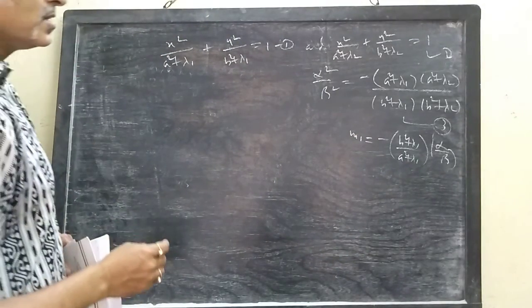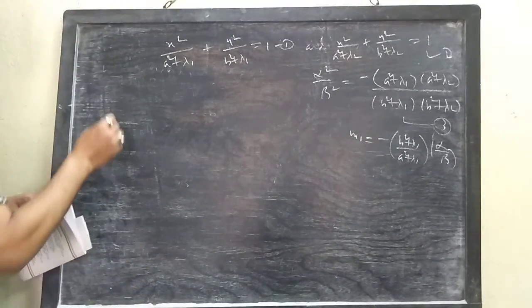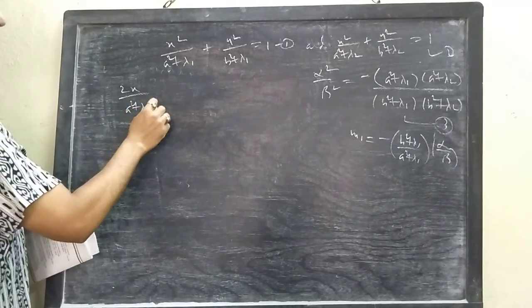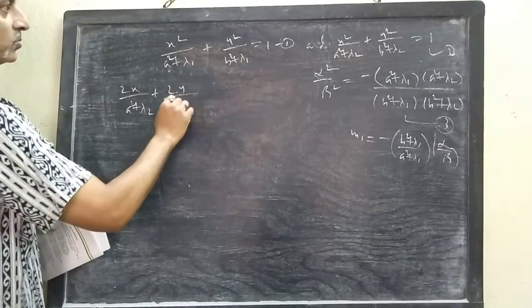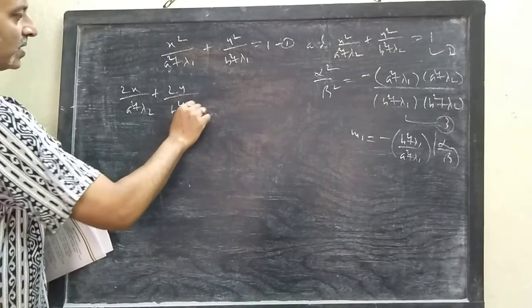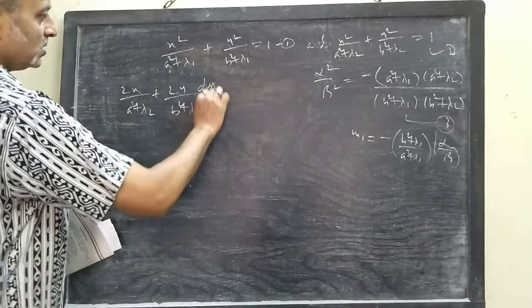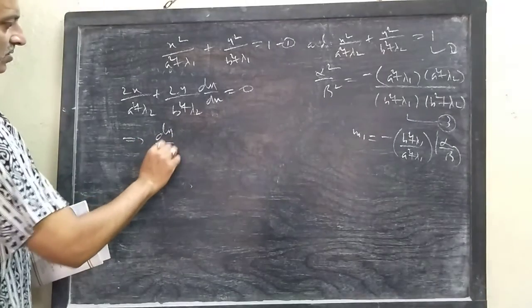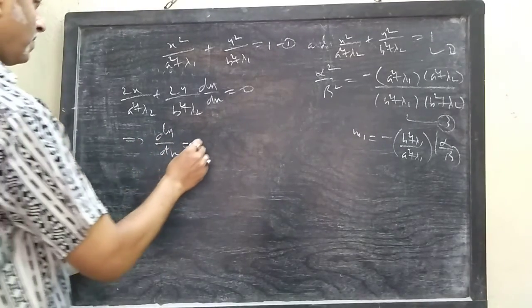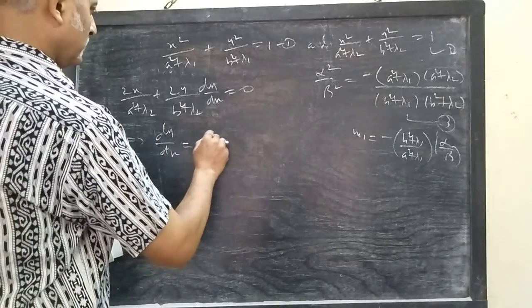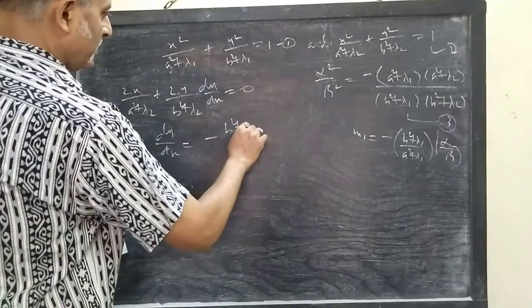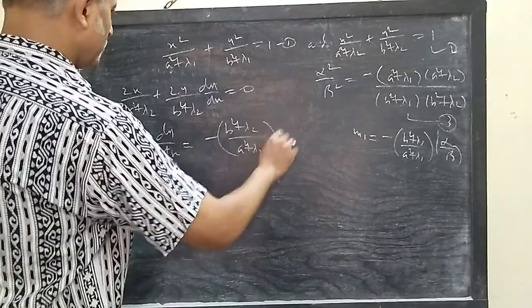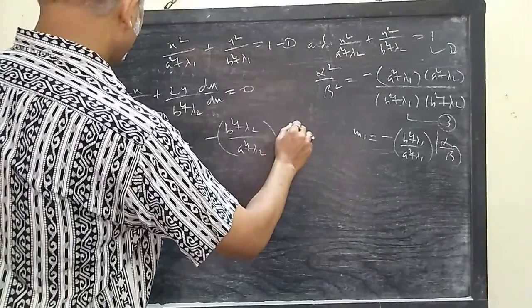Now differentiating both sides of 2 with respect to x, we get 2x by a square plus lambda 2 plus 2y by b square plus lambda 2 into dy dx equals 0. So from this we similarly get dy dx equals minus b square plus lambda 2 by a square plus lambda 2 into x by y.